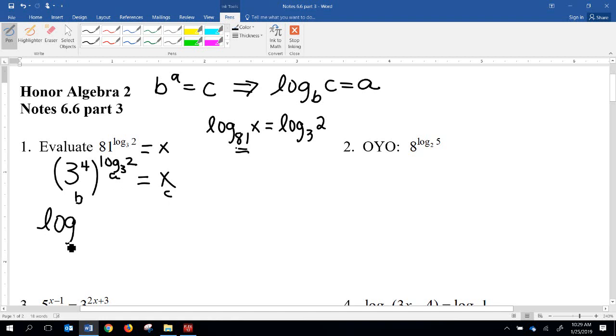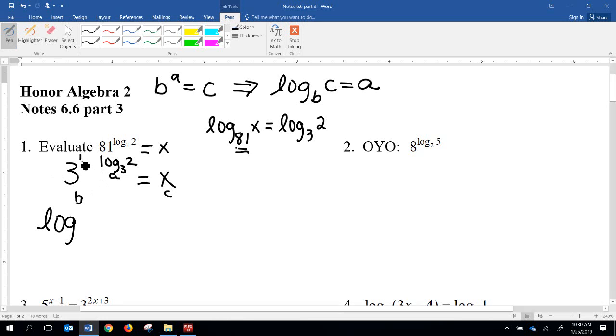but before I write it as the base of 3 to the 4th, remember how if I have a power to a power, I can just multiply those? Everybody remember that? We can just multiply those? So what I can do then is I can just get rid of these parentheses. And I can just think of it as 3 to the 4 log base 3 of 2.